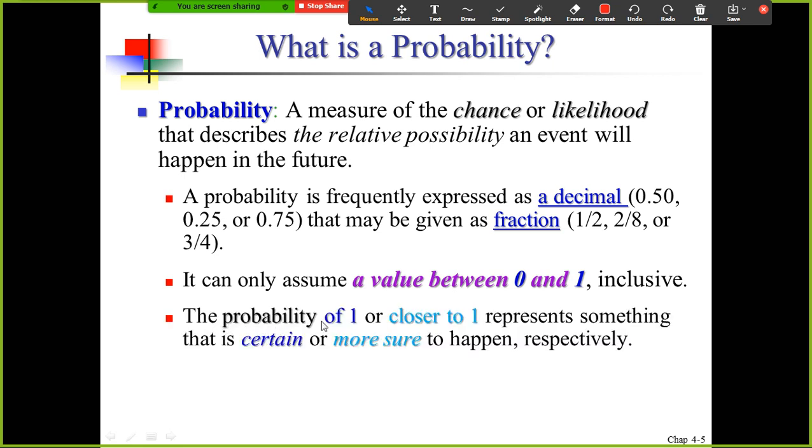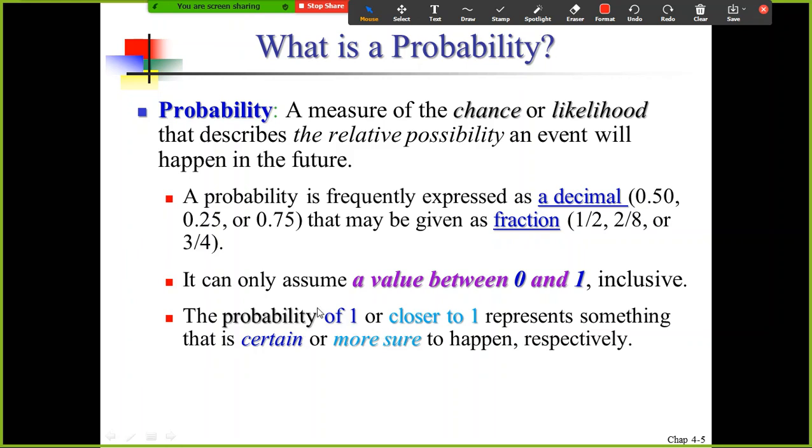The probability of something equal to 1 or closer to 1 represents something that is certain or more sure to happen, respectively. If the probability of something is equal to 1, we are sure, we are certain something will happen.